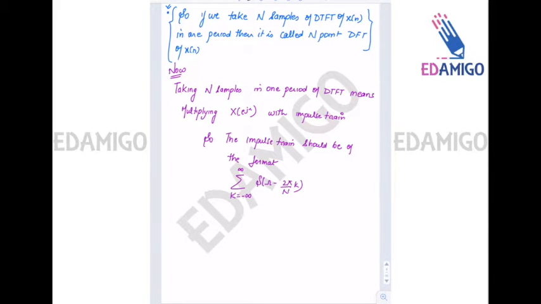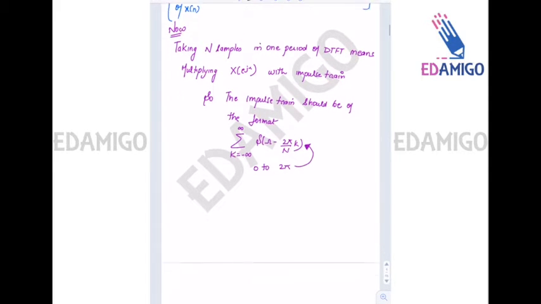So I am sampling the DTFT from minus infinity to infinity, but generally only one period is important. Then also I can see that in one period, that is from 0 to 2π, there will be capital N number of impulses.